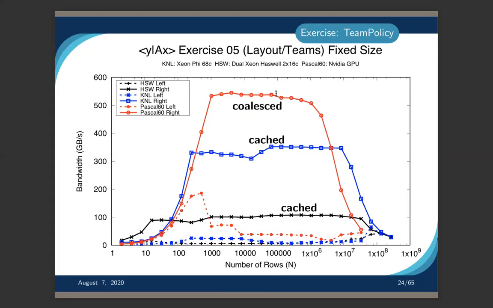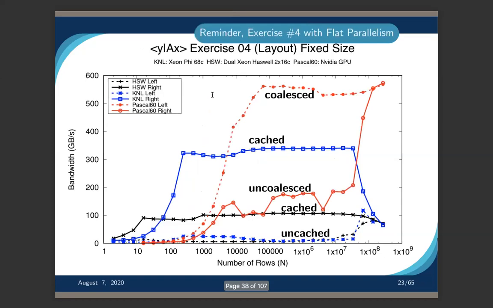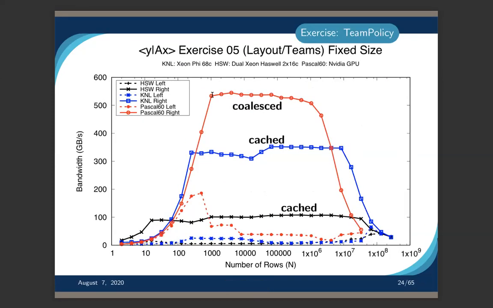But you also see that our onset of good performance moved 2 orders of magnitude to the left. Instead of 100,000 rows, I'm getting away with about 1,000 rows and get good performance. You see how the red moves to the left? So first of all, why do I need layout right?